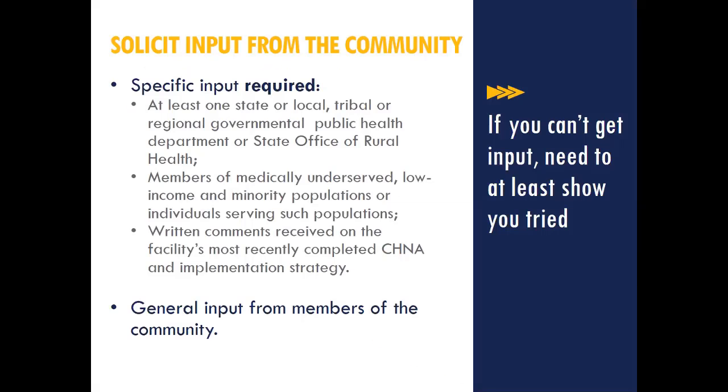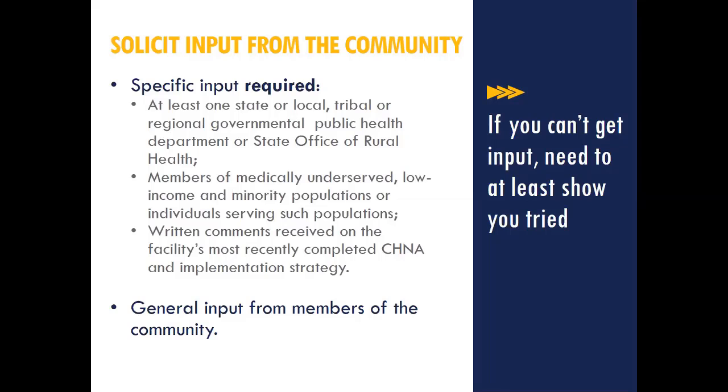You are required to solicit input from the community, and there are three specific sources of input that you are required to include in your assessment. First, you have to include at least one state, local, tribal, or regional government public health department, or state office of rural health.